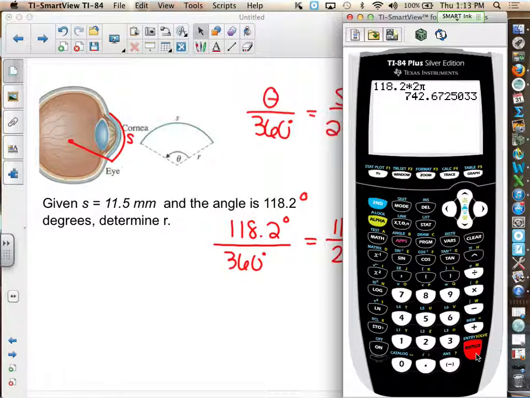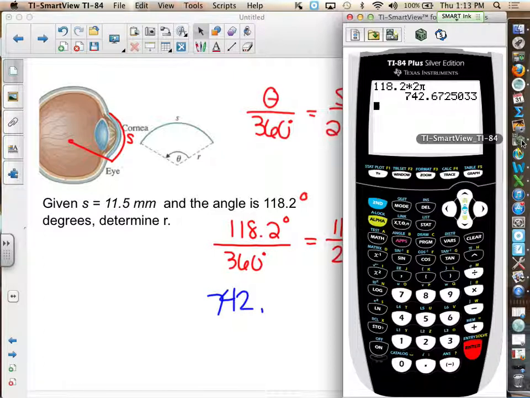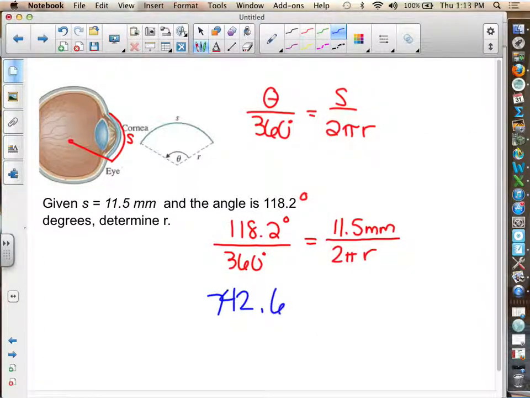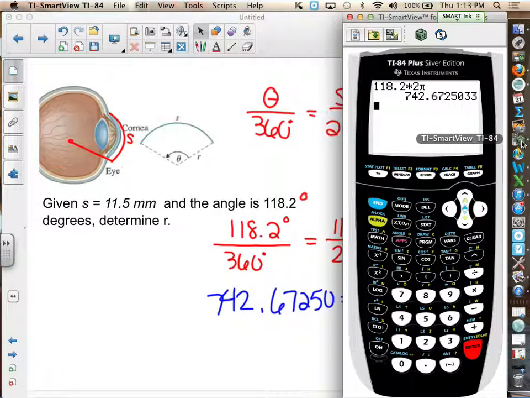So cross multiplying one way, we get 742.67250. And then if you cross multiply the other way, we've got 360 times 11.5, which is 4140.